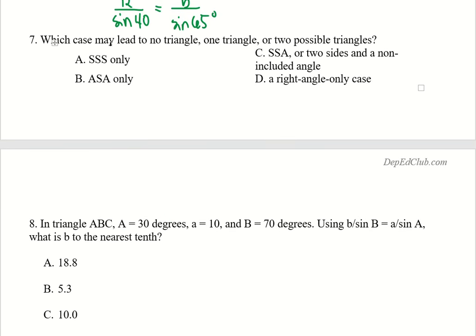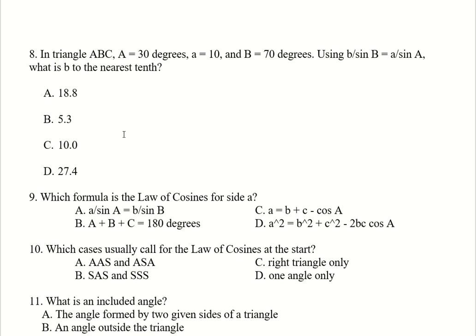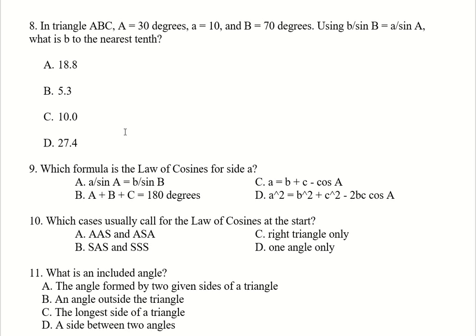Number 7, which case may lead to no triangle, one triangle, or two possible triangles? For number 7, we'll have letter C. It's SSA, or two sides and a non-included angle. Number 8, in triangle ABC, A is equal to 30 degrees, a is equal to 10, B is 70 degrees.